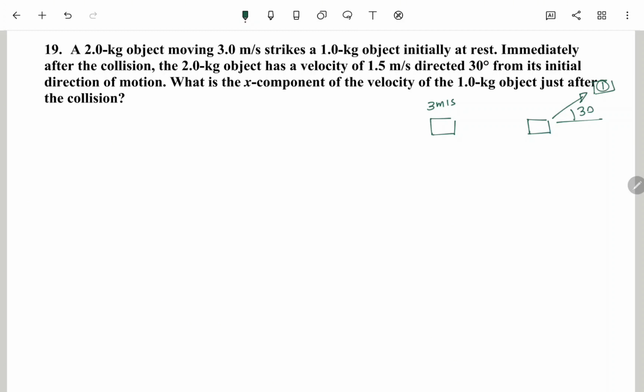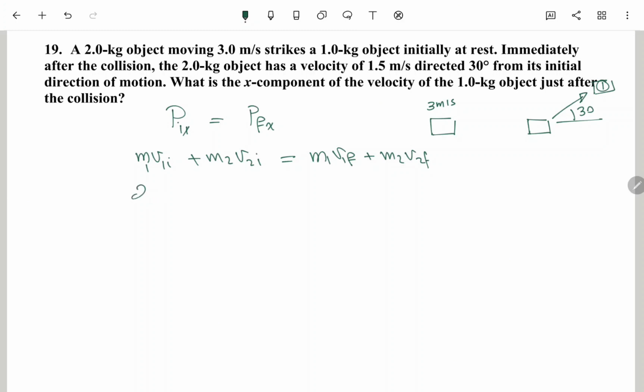Now, since it's asked about the x component, I need to use the momentum x components. So P initial x equals P final x, or M1 V1 initial plus M2 V2 initial equals M1 V1 final plus M2 V2 final.